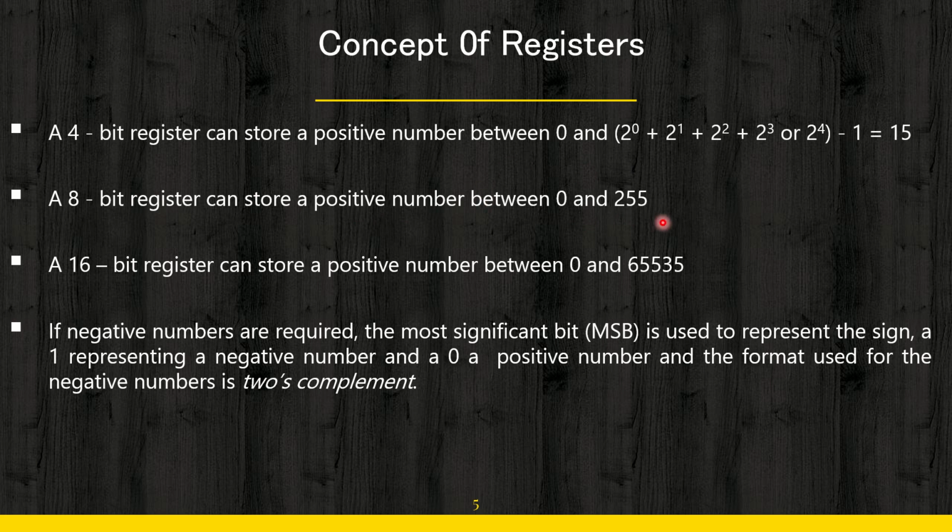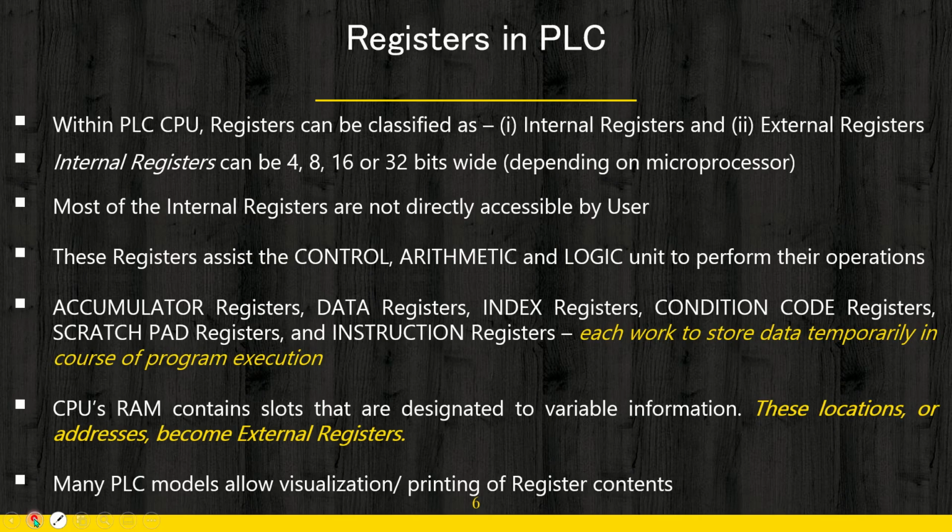And also you need to consider that one of the bits is there for giving you the sign. So it will no more remain 255. These things have to be in your consideration.